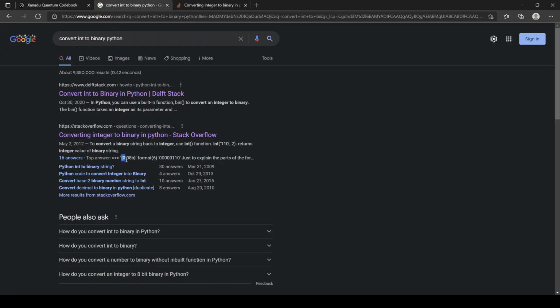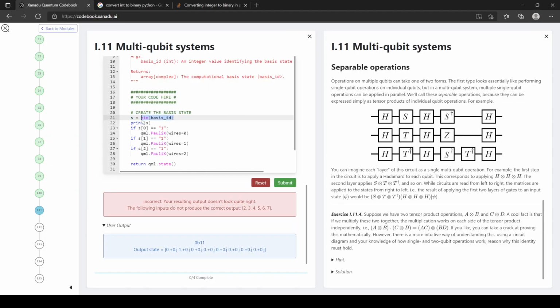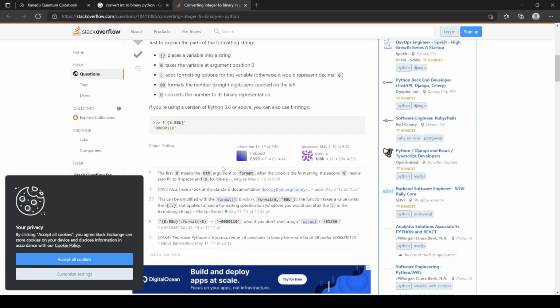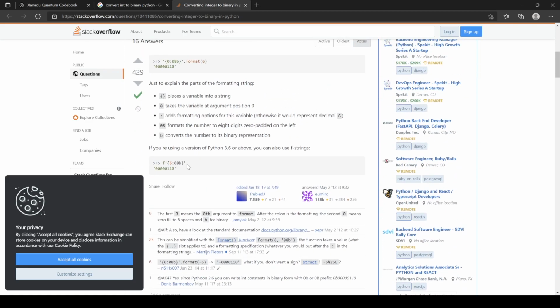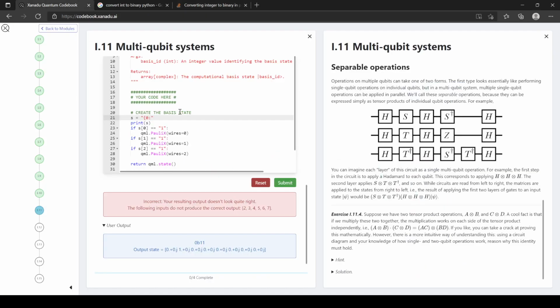Zero argument position, 0, 8 padded to the left, dot format basis.